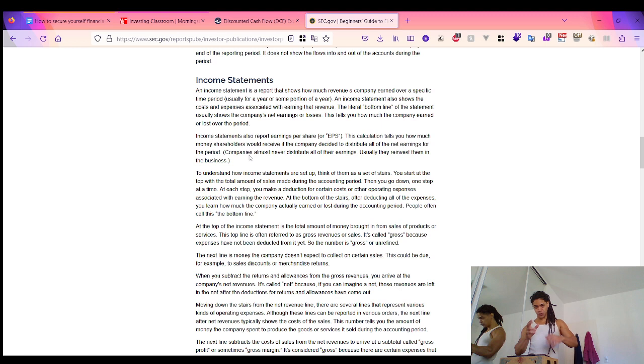The bottom line shows you the company's net earnings or losses, and also the EPS, earnings per share, a calculation that tells how much money shareholders will receive if a company distributes all of its net earnings for that period. Companies almost never do; instead, they reinvest them in the business.